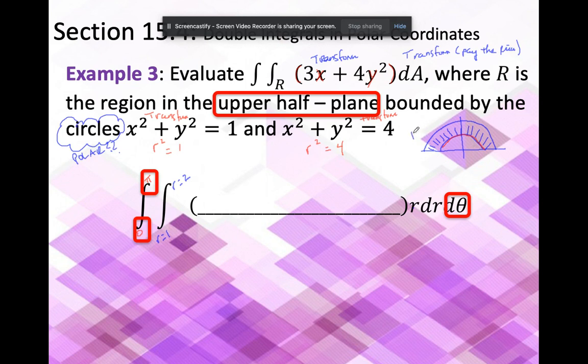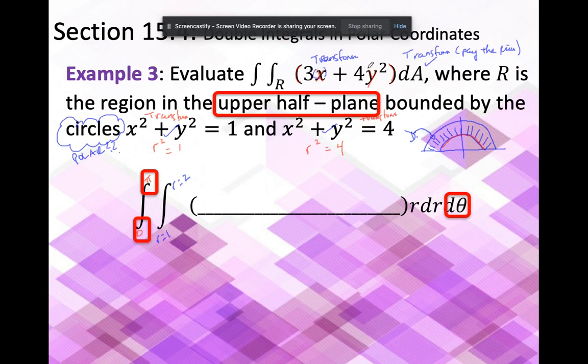This is my region down in the domain. This is my domain region, right? I've taken care of the angle that it sweeps through, and I've taken care of the curves that describe it, the polar curves that describe it. I've taken care of transforming dA. Check, check, check. Who haven't I done yet?